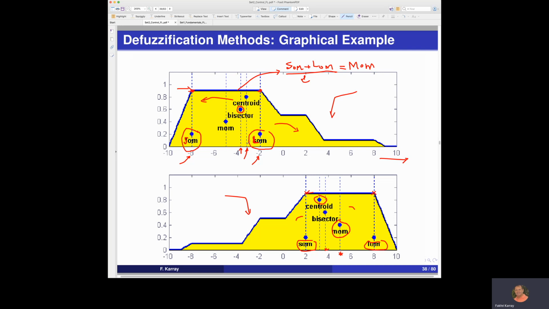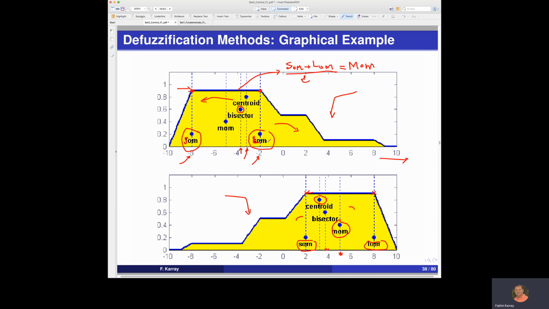The centroid, in terms of its coordinates, is the best representative of this yellow area here or here. But the centroid is usually a complex value to compute. The smallest of maxima and largest of maxima are usually not utilized seriously by people who want significant insight into what's happening, because they give you only one piece of information about the maximum value.